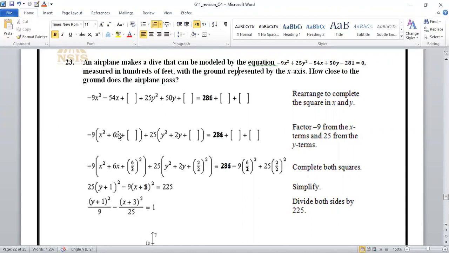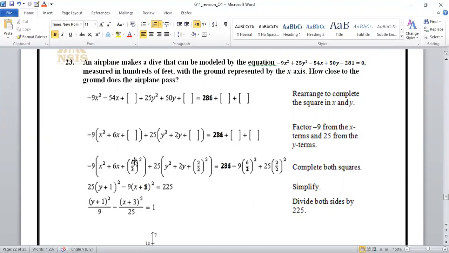Okay, to get this constant, we take half the coefficient of x, (6 over 2)², and to get this constant, half the coefficient of y, (2 over 2)². Okay, as we put this constant on this side, we put the same constant on the other side.